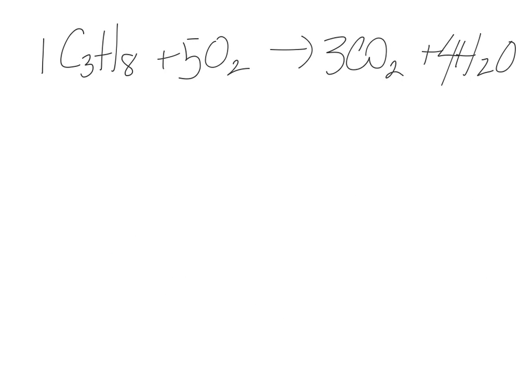The first step, make sure you've got a balanced chemical equation. Now, we know we've got 4 moles of propane. So we need to figure out how many moles of oxygen we would need just from a regular standpoint.